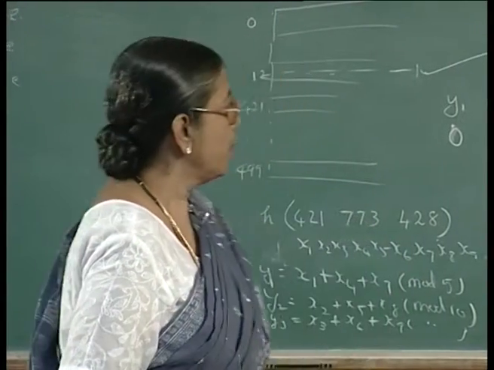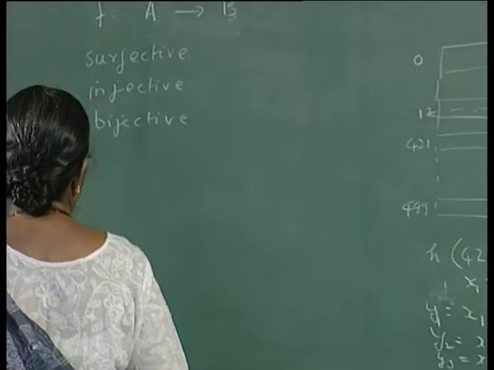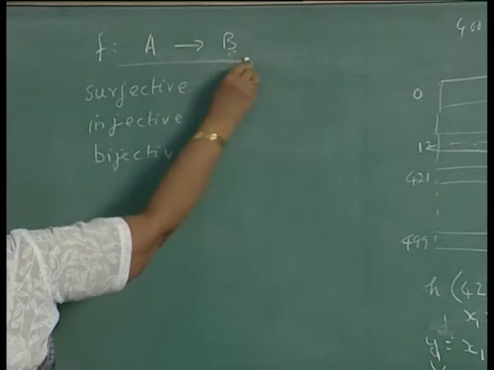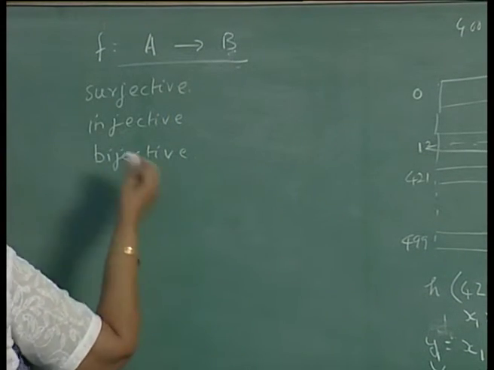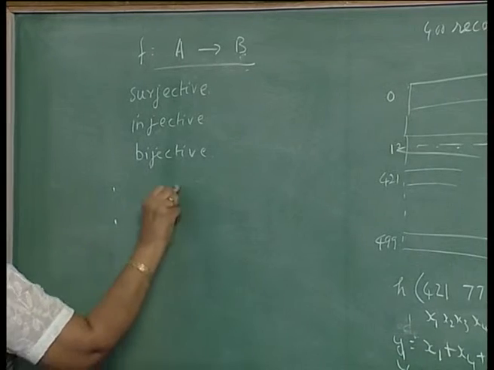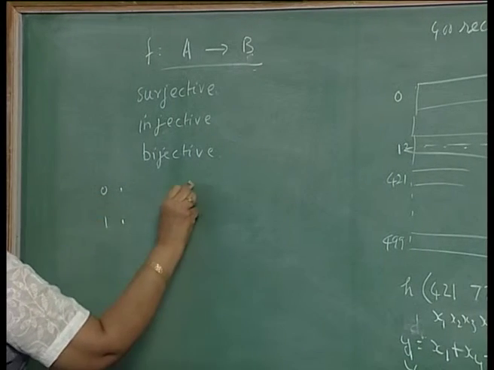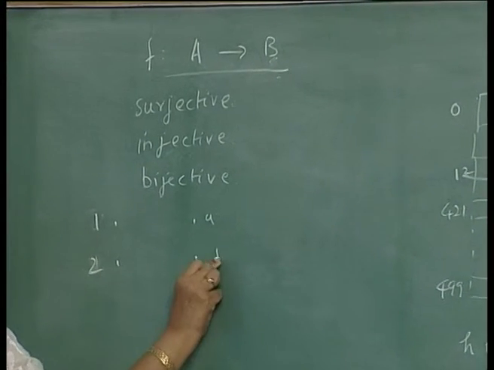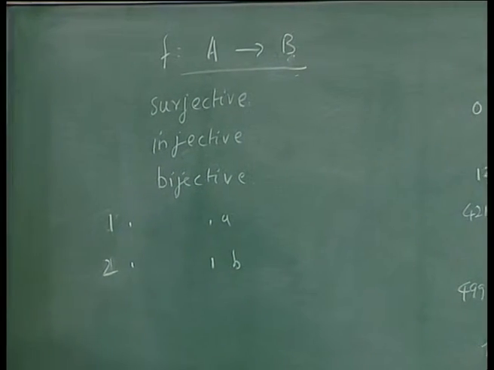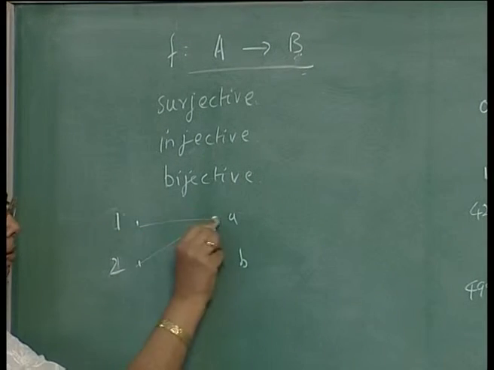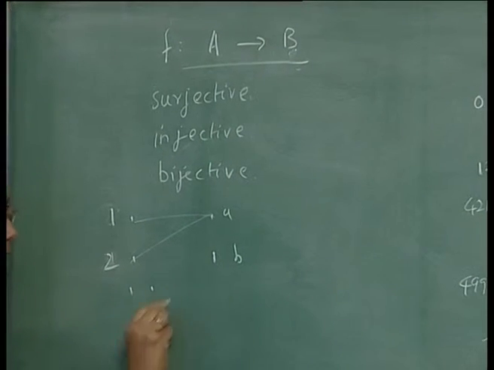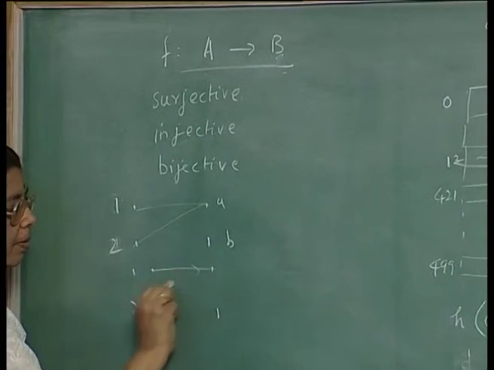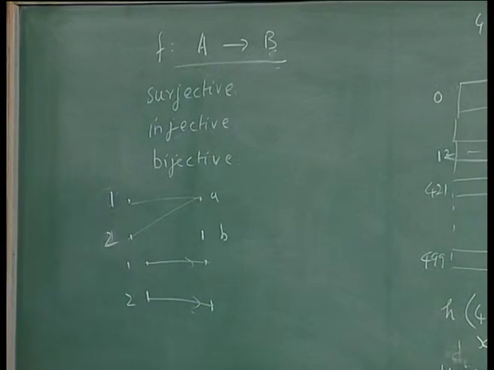Now, we have two sets A, B, say, and a function from A to B. There can be several functions. For example, I will just take two examples, 1, 2 and A, B. Then I can have a function where these two are mapped down to A. I can have a function where this is mapped down to this, and this is mapped down to this, like that.